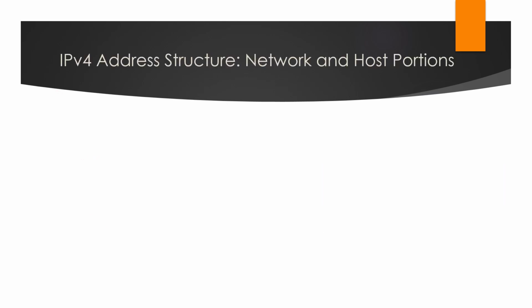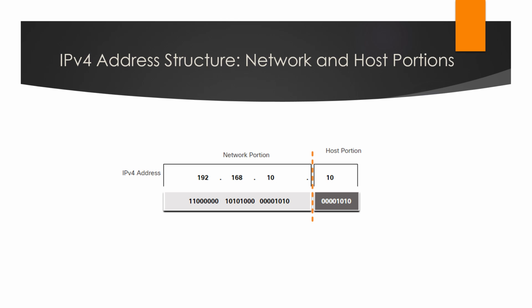We have mentioned before that the IPv4 address is a 32-bit hierarchical address that is made up of a network portion and a host portion. When determining the network portion versus the host portion, you must look at the 32-bit stream as it is shown in this figure.